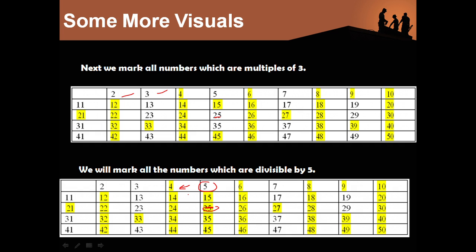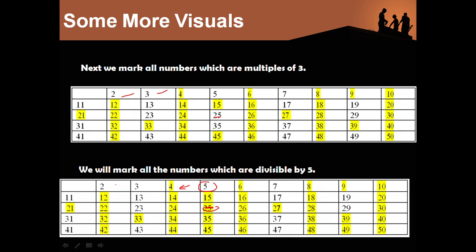Then we take the next smallest number which has not been marked, and we mark all its multiples as not prime, and we continue this process till no number is left which has not been marked. Okay, and the numbers which have not been marked are prime numbers.